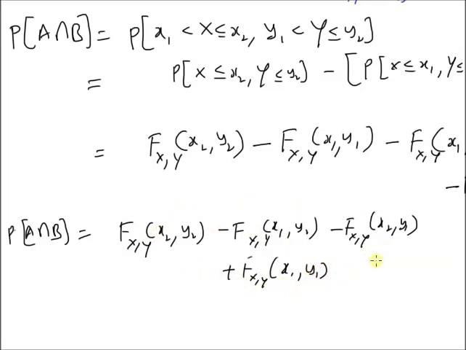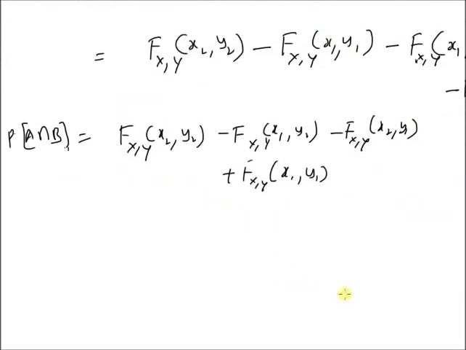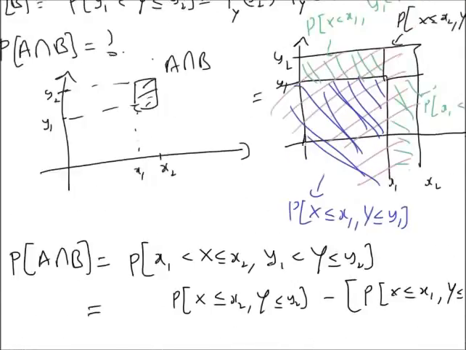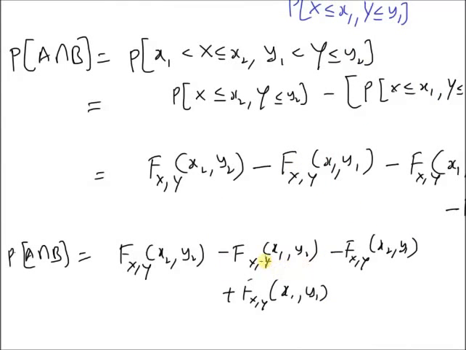So this is the probability of A intersection B, that is, the probability of the rectangular region, and hence the probability of A union B is given by the probability of A plus the probability of B minus the probability of A intersection B, given by this expression. Thanks for watching.